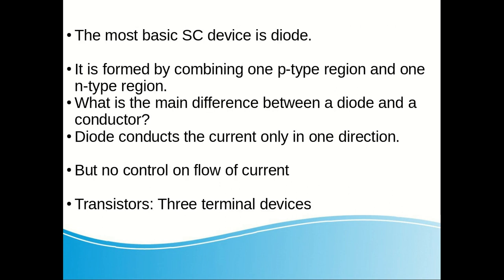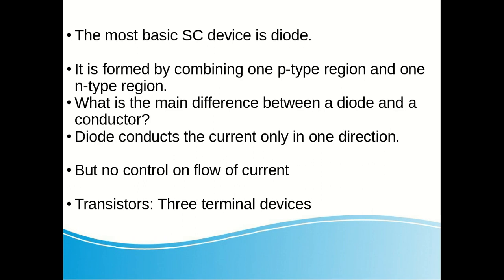The most basic semiconductor device that can be formed is the diode. It is also known as PN junction diode, PN diode, etc. A PN junction diode is formed by combining a P-type material and an N-type material. A diode thus formed has a special property, very different from that of a regular conductor.